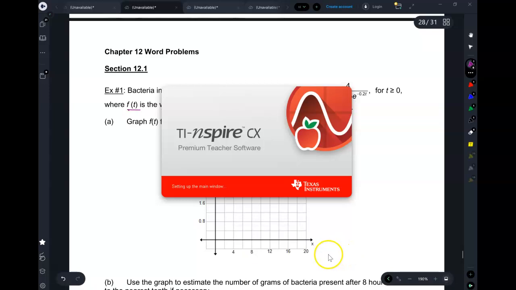My horizontal axis is the independent variable, which is the time. My vertical axis is the dependent variable, which is f of t. So go ahead and change the settings and plug that function into the calculator.